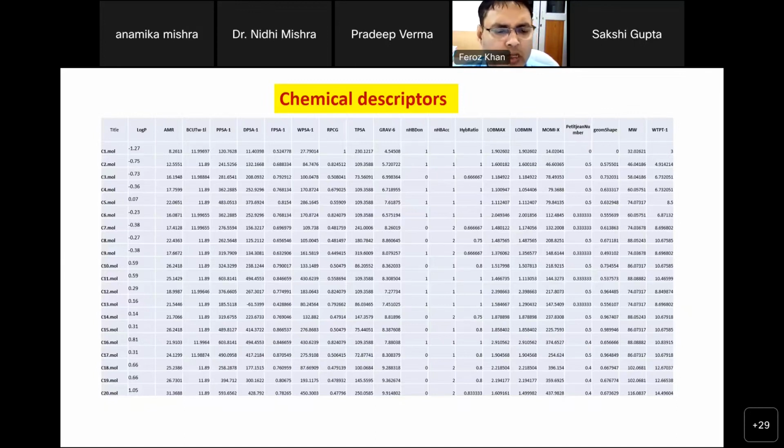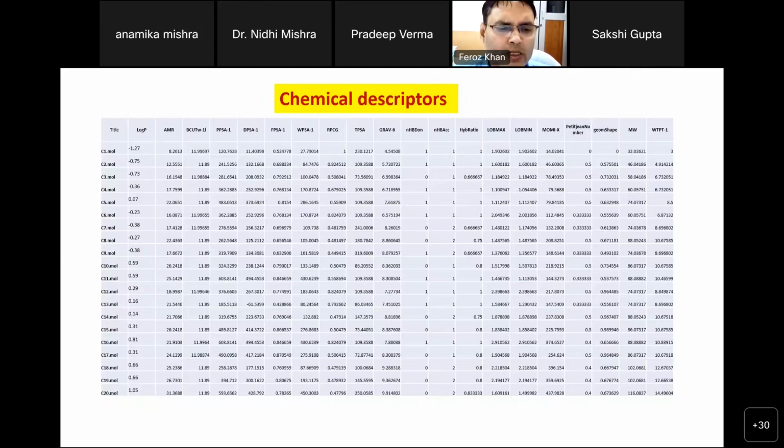Whatever molecules you have taken, try to calculate the maximum properties in the 5 major categories I mentioned earlier in the slide, and remove those properties which have zero value, and calculate the rest.